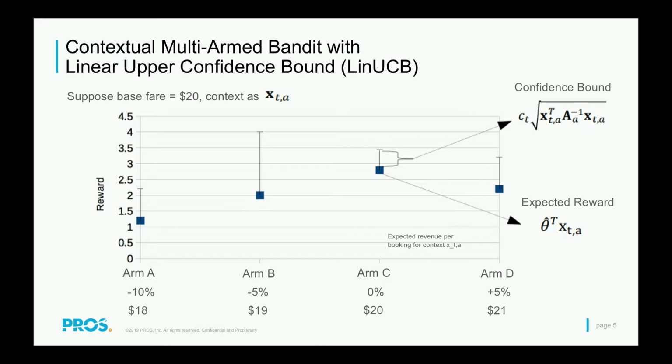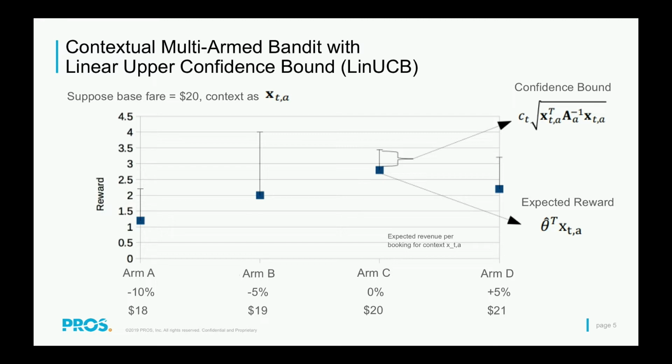For example, if we have a base fare to begin with, like $20, and there are some contexts we consider relevant for the pricing. Each arm is basically a price option. So the first arm is a 10% discount, the second arm is a 5% discount, and the fourth arm is like a 5% increase.